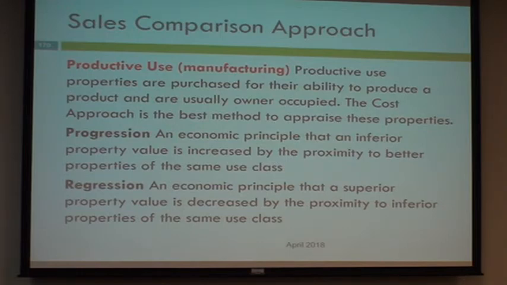I'm not trying to be ugly. They don't keep those signs up very long. Somebody takes it down, mama comes by and gets it, or somebody comes by and gets it. So it's not exactly a stigma to everybody, because they have a tendency to take those signs down. And there's some weird situations in that too, but I won't get into that. So you've got regression to inferior properties of the same class use.